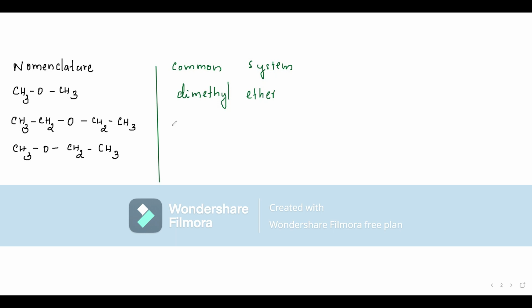The second example given, CH3CH2OCH2CH3. Even here, on either side of the oxygen atom, the groups remain the same. So this is called diethyl ether, which is also a simple ether.